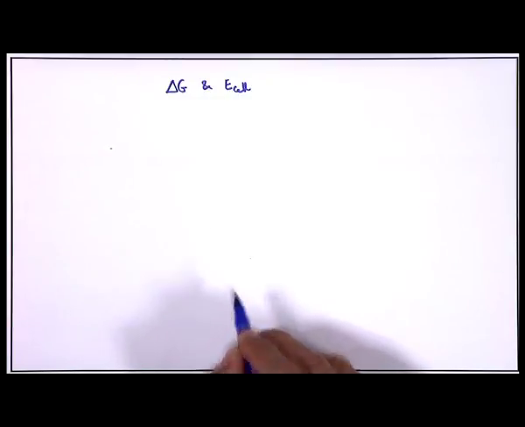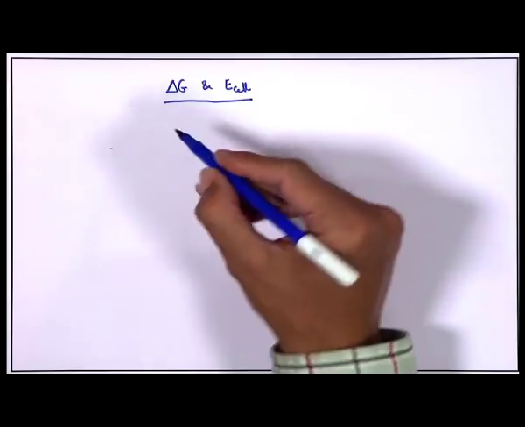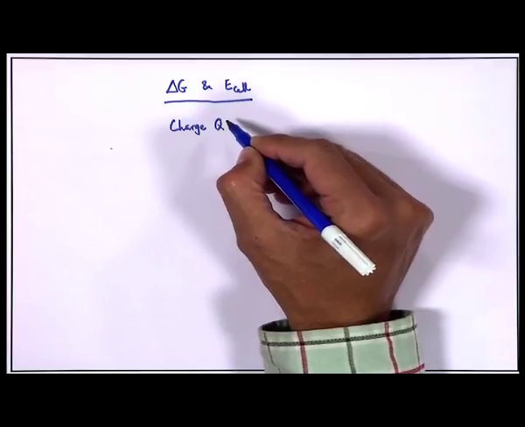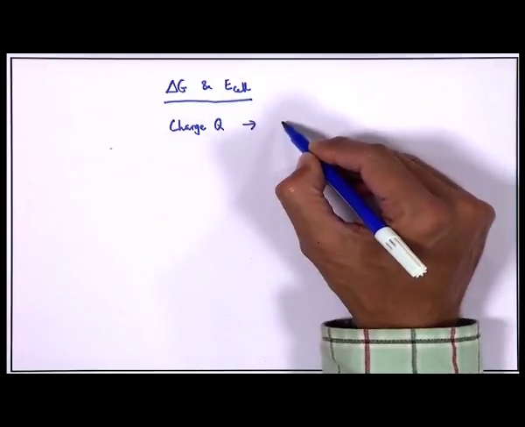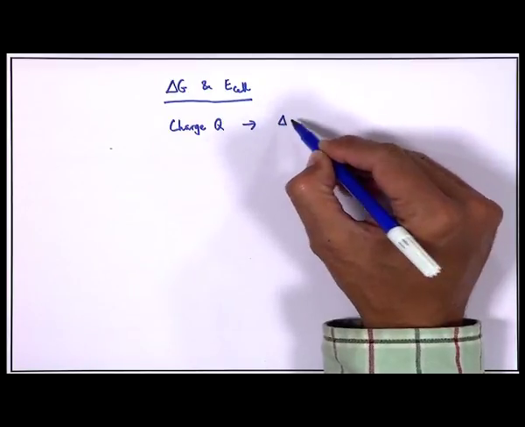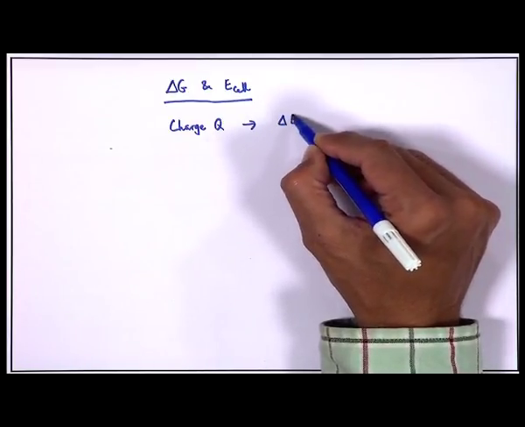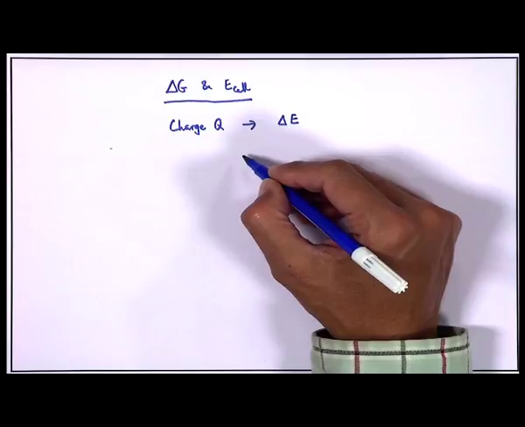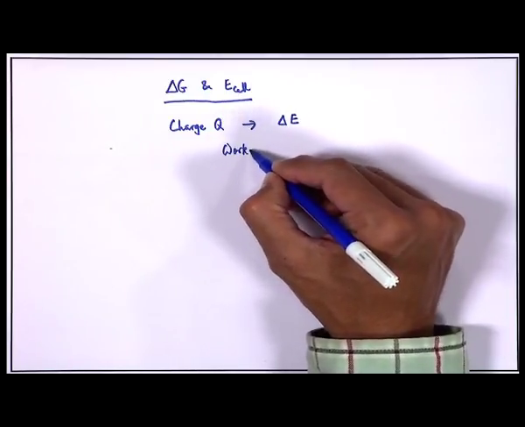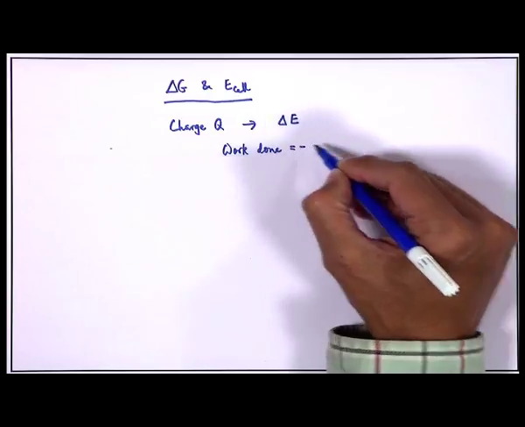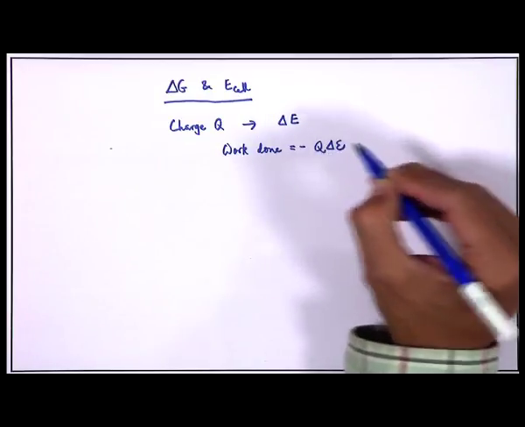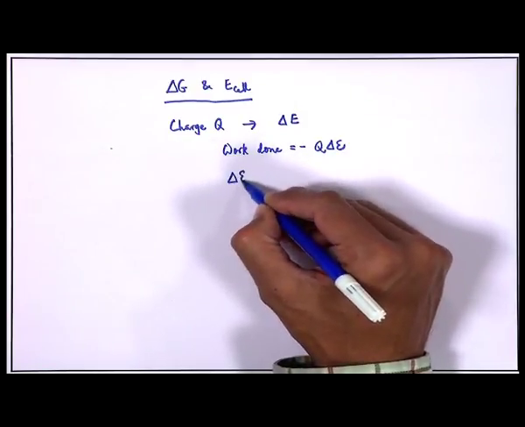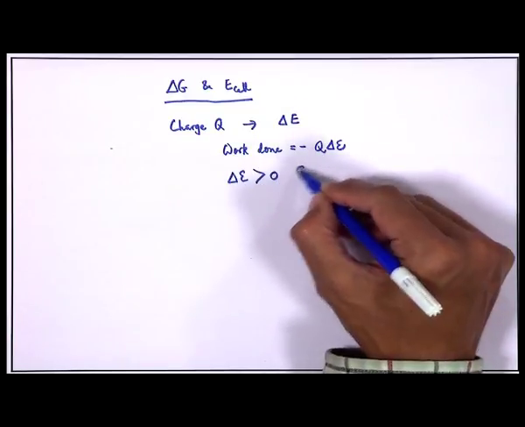Now, the idea is that when some amount of charge Q moves through a potential difference delta E, then the work done by the system will be equal to minus Q into delta E. So, delta E is greater than 0 for a galvanic cell.